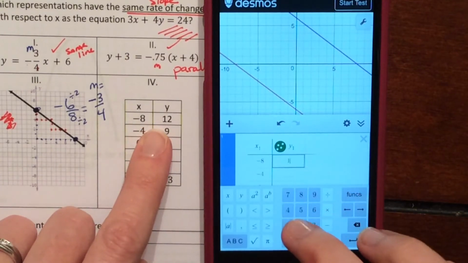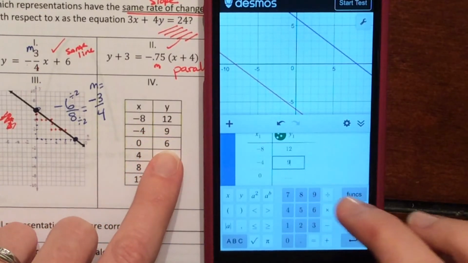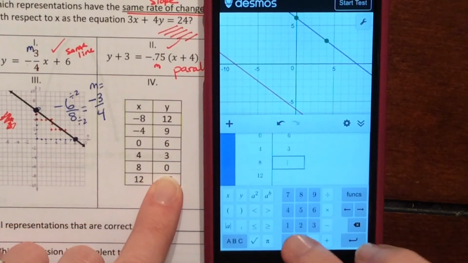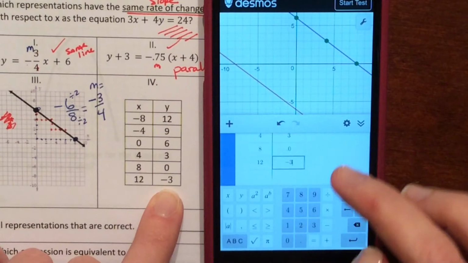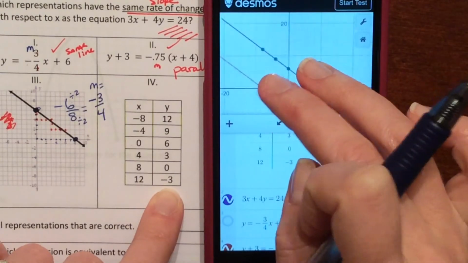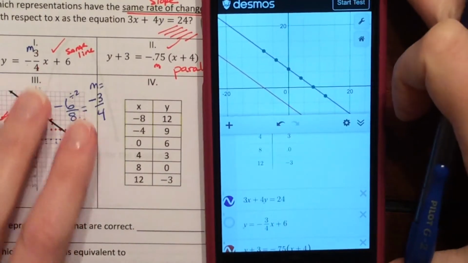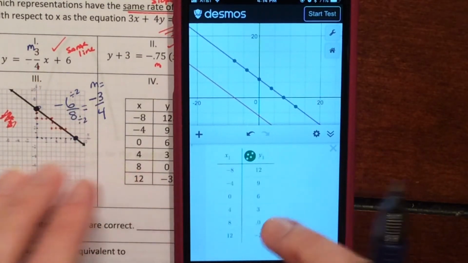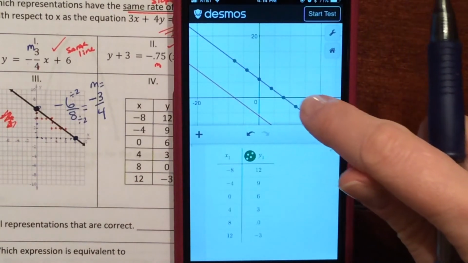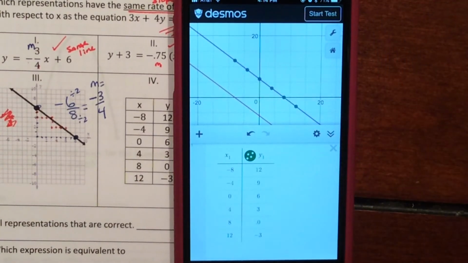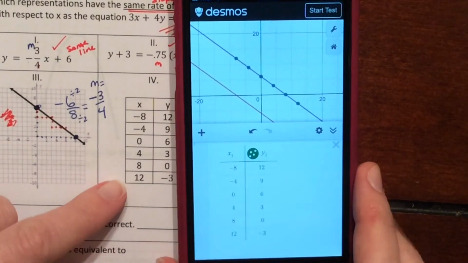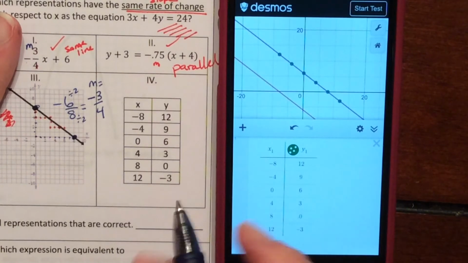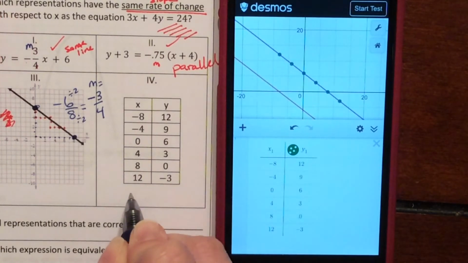And we're going to type in 12, 9, 6, 3, 0, and -3. And when you do a table, it's going to give you dots. It's going to give you points. And that's all of these as I was typing. You might have seen them pop up. So, is this table going to give me the same rate of change? Yes. These are on the line. So, yes.